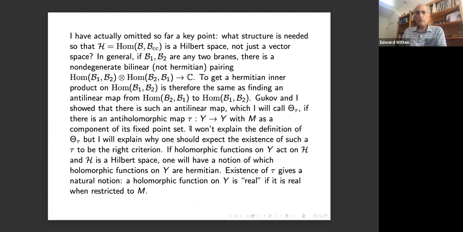A holomorphic function on Y is real if it's real when restricted to M. Because if M is the fixed point set of an antiholomorphic map, then there are real functions in M that are restrictions of holomorphic functions on Y. If you don't have such a tau, there aren't any real functions in M that become holomorphic on Y, and you don't have a candidate for what would be Hermitian operators in quantization. So this is an intuitive explanation of why we should want a tau if we're going to have a Hermitian structure.